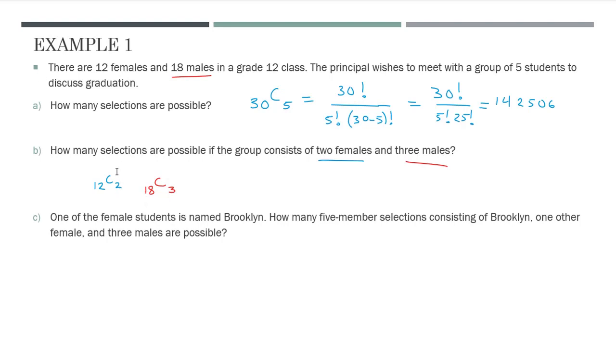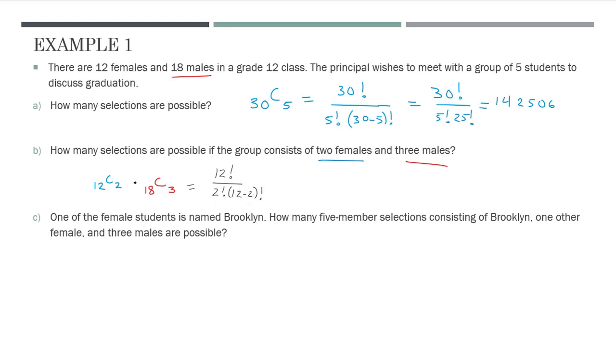Because we could have each different combination of females with each different combination of males, we're actually going to want to multiply these together. Now, I know in the calculator you could put this in there, but let's do this using factorials. So it's going to be 12 factorial over 2 factorial, that's our r, and then 12 minus 2.